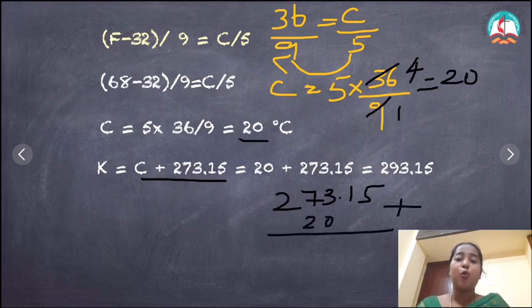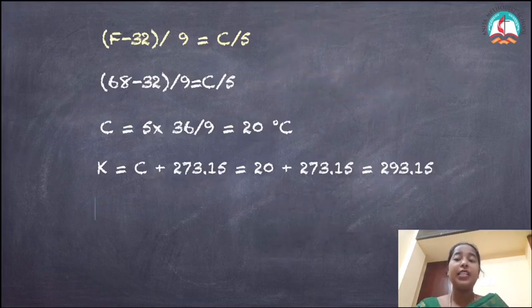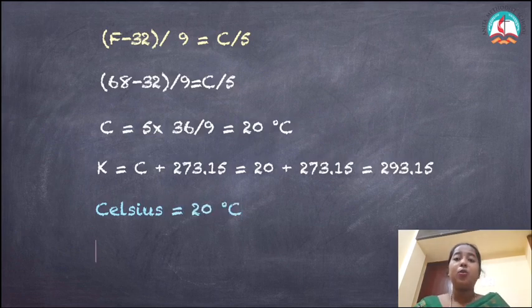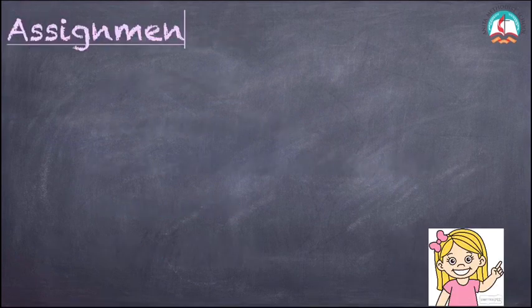So when you add 273.15 plus 20, we will get 293.15. So the answer is: Celsius is 20 degrees Celsius and Kelvin is 293.15.